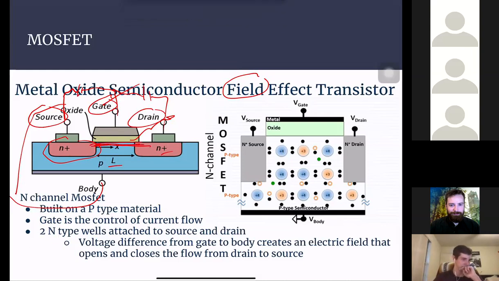That's the basic principle of a MOSFET. This current flow depends on the voltage we apply. In different configurations, we get different graphs. We'll get into that in a bit. We also need to connect it to the body so that it forms a full circuit.